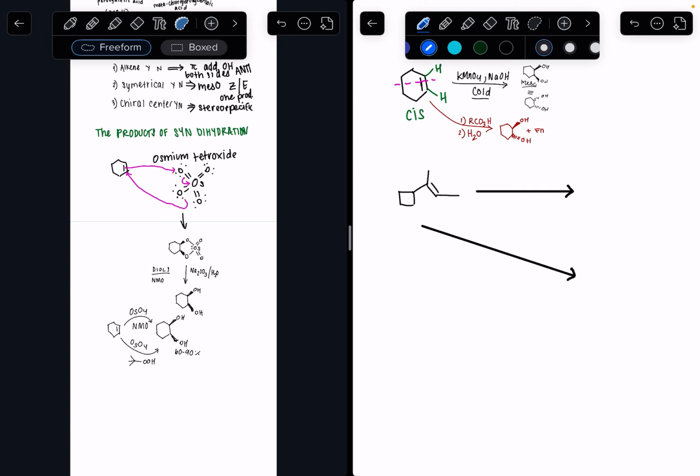Okay, so basic conditions. Which one shall we use? Let's use a catalyst and NMO.